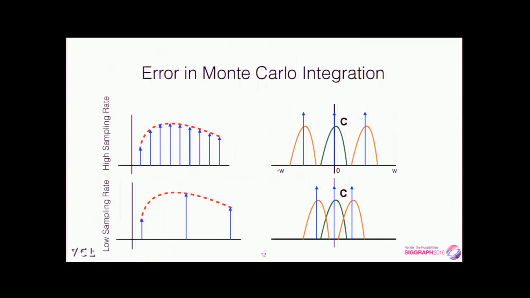Right? So we don't care if they intersect. But if they intersect the DC, then our estimator is going to get polluted. These aliases now, because they intersect DC, will contribute error. Is that clear? So that's the difference between reconstruction and integration in this Fourier domain.